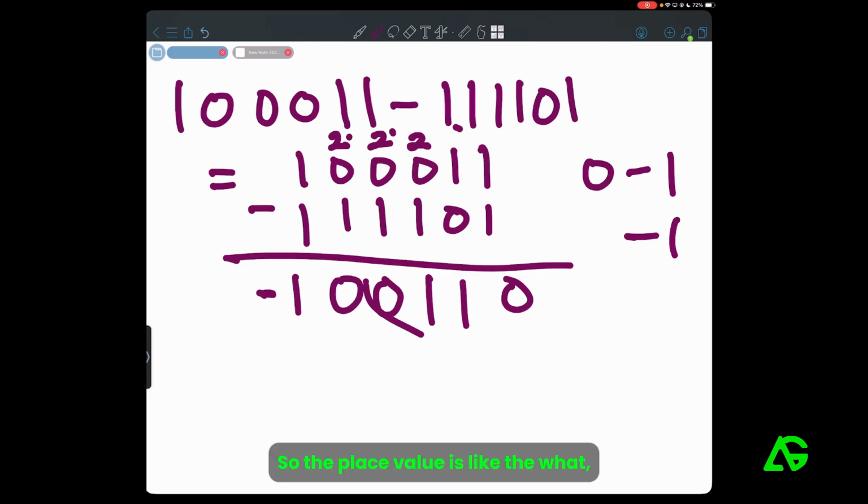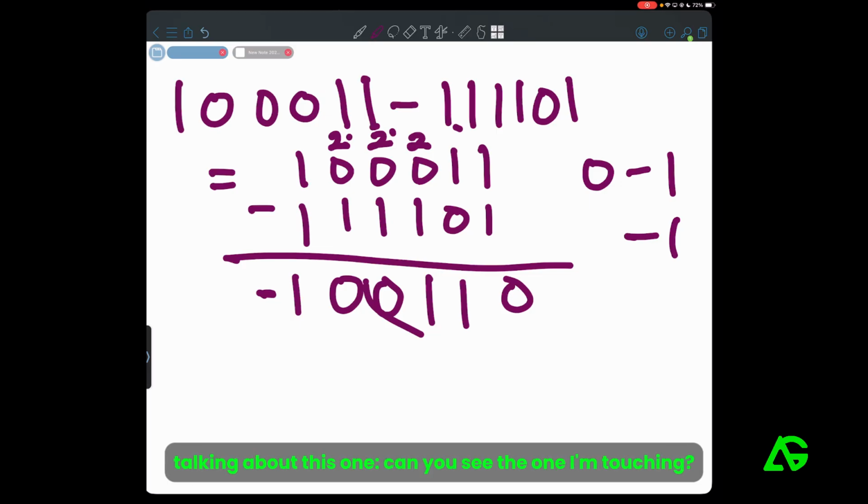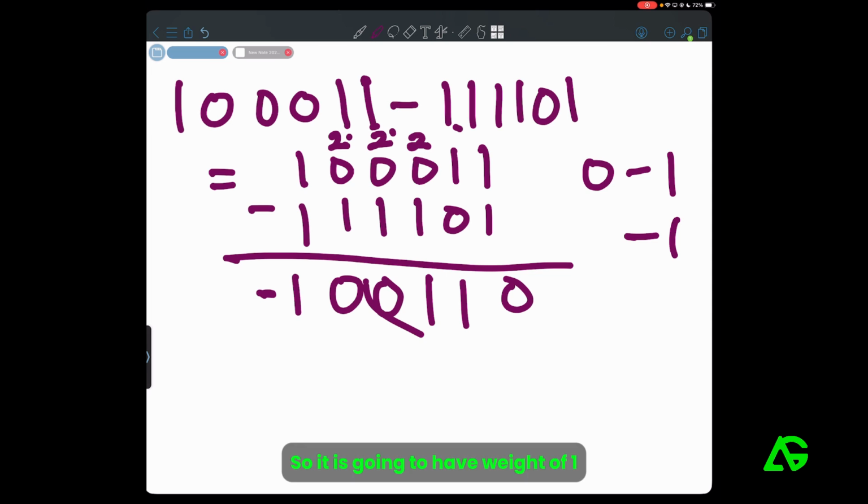The place value is like the weight. Since we are working in base 2, it's going to be multiples of 2. Here, this first number on the right-hand side, the one I'm touching, has a weight of 1. To get each subsequent weight, you just multiply by 2.